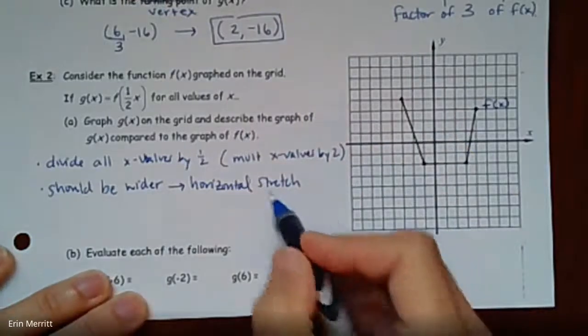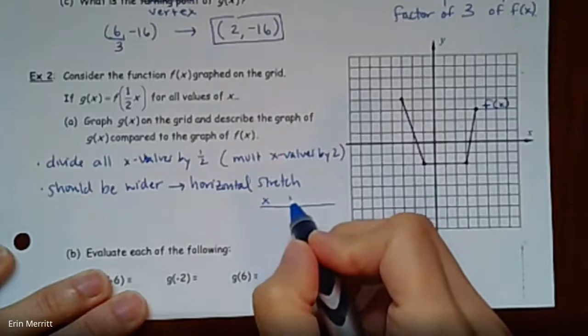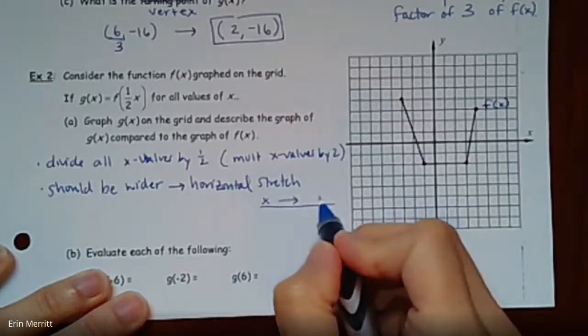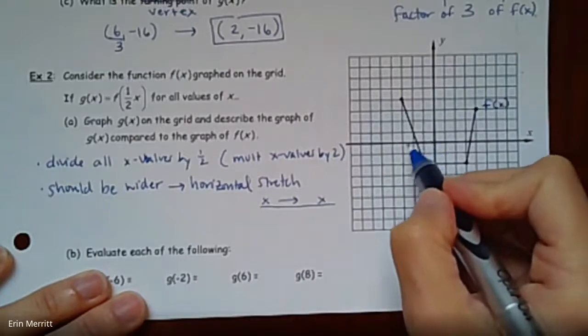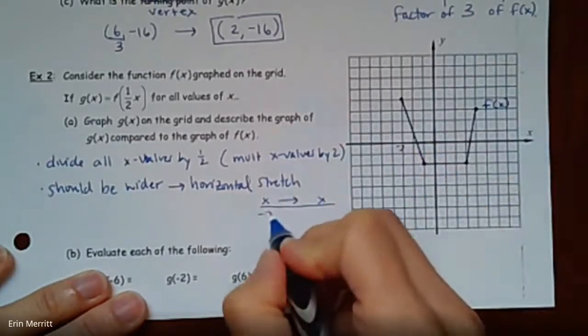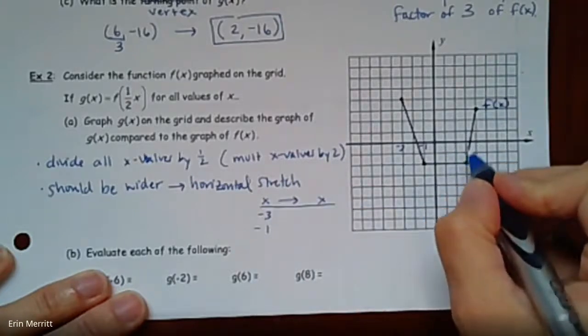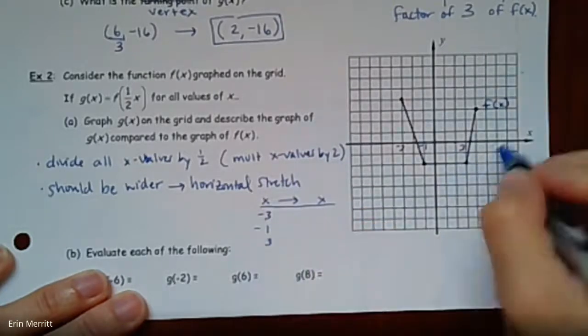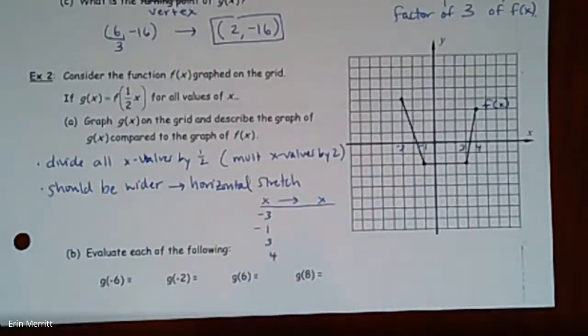So I'm going to take a look. If I look at my x values, I'm not even going to write down my y values, partially just because I'm being lazy. So if I take the x values from the original, we are at -3. We are at -1. We are at 1, 2, 3. And we are at 4. All right, let's talk about what should happen with all the x values.